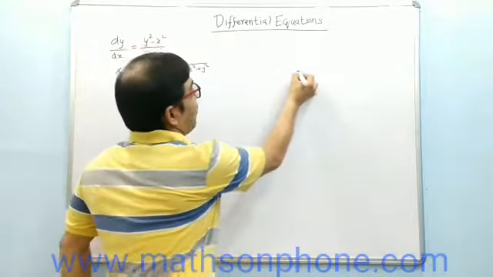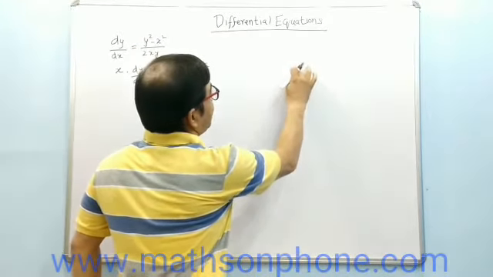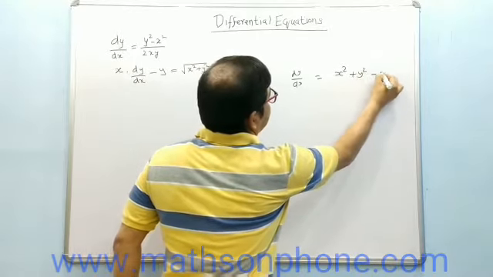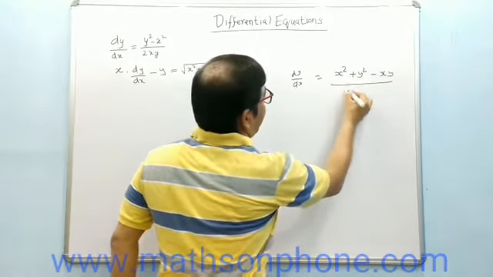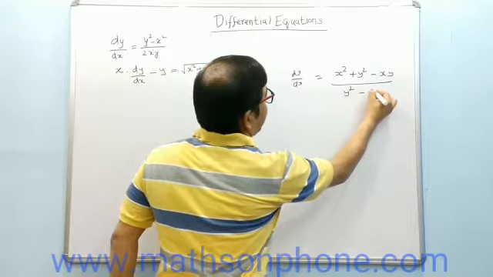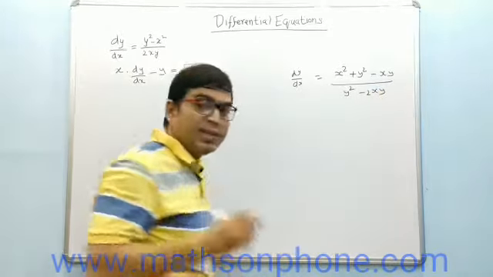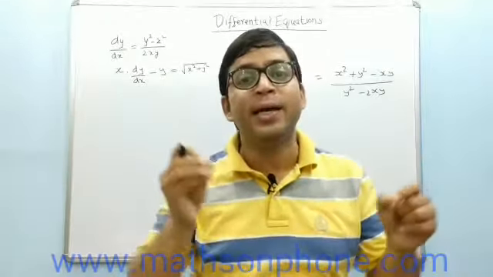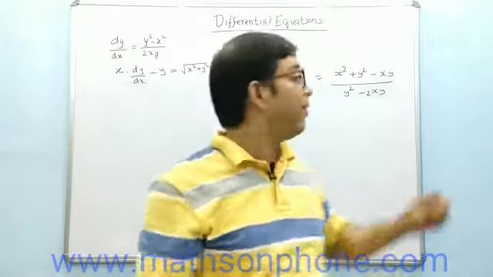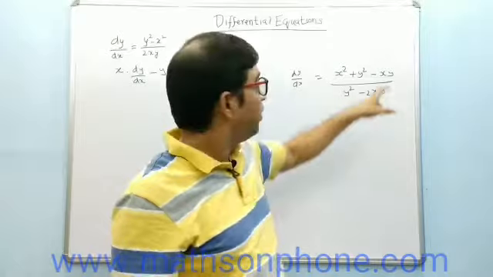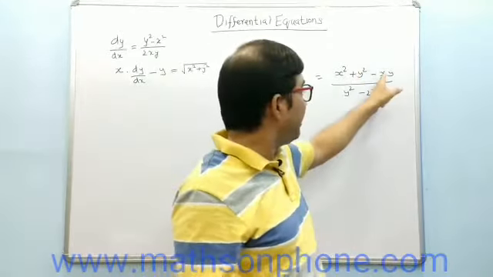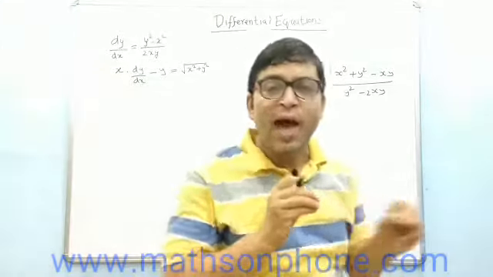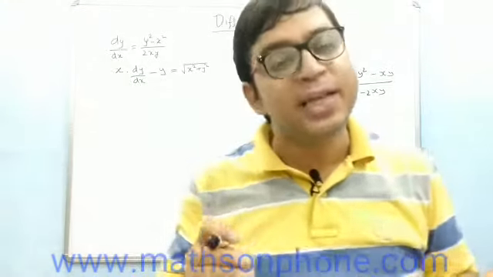Suppose dy by dx is equal to x square plus y square minus xy divided by y square minus 2xy, like this. See that the degree of the variables is the same everywhere. Degree 2, degree 2, degrees 1 and 1, 2, 2, 2. So everywhere the degree is the same.